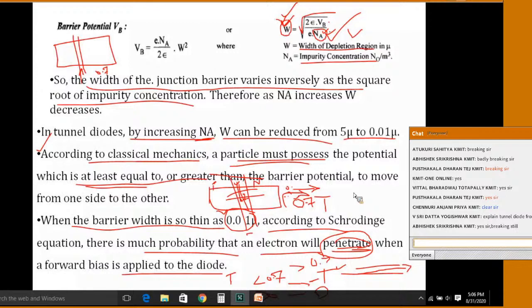Here I have a LAN connection, it is very clear. I connected my headset also, still it is breaking. How many people are able to follow? Only one or two students, I think.